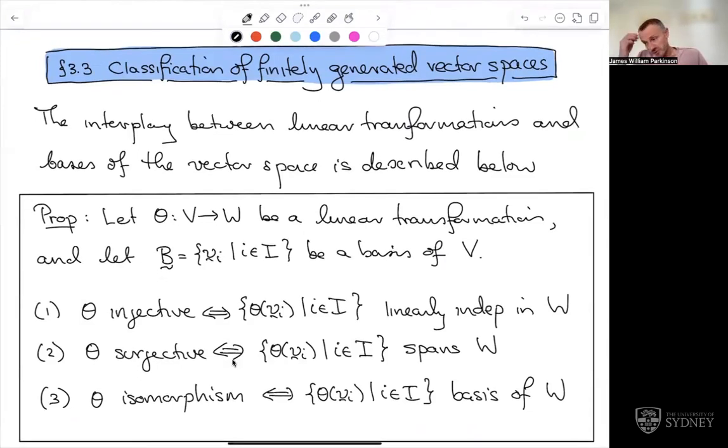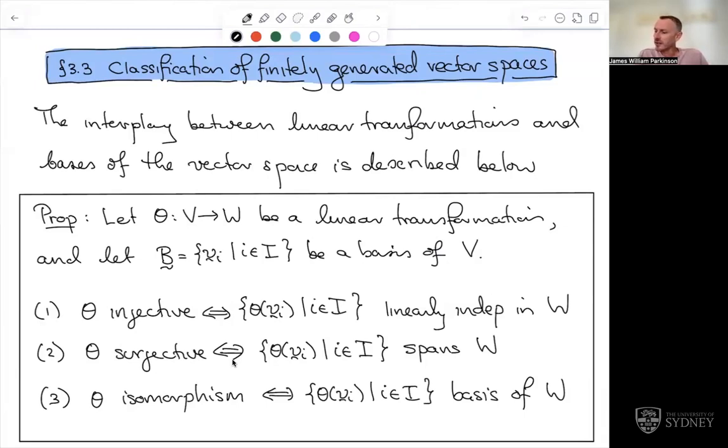So first there's this proposition, which is just telling us how linear transformations and bases interact, or more generally, how the concepts of linear independence and spanning set interact. So it goes as follows.